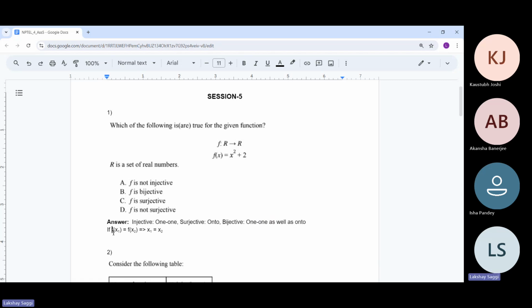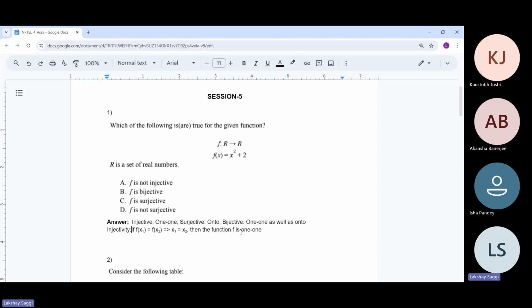So for any x1, x2, if for a given function f of x1 equal to f of x2 implies x1 equal to x2, then the function f is 1 1. I'm just describing the definition of 1 1 and onto functions. So this is the definition for a 1 1 function: if f of x1 is f of x2 implies x1 equal to x2, then the function is 1 1.